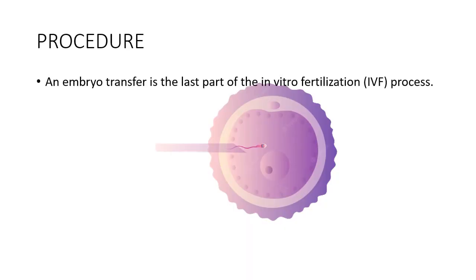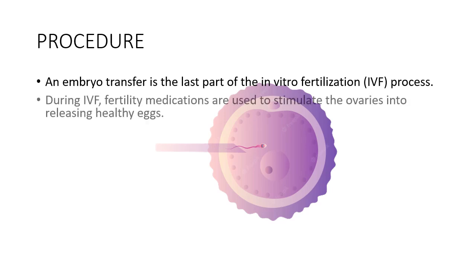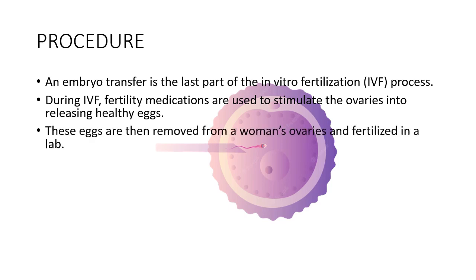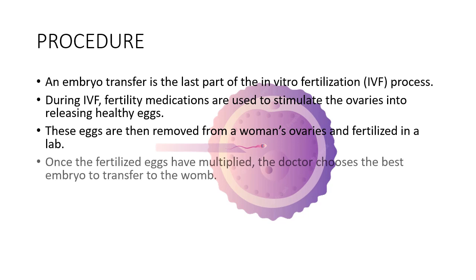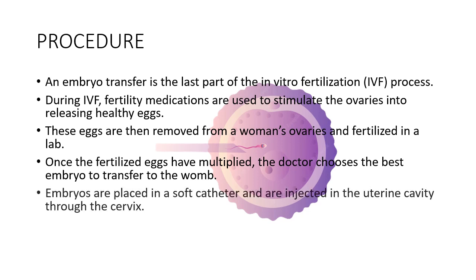An embryo transfer is the last part of the in vitro fertilization, IVF, process. During IVF, fertility medications are used to stimulate the ovaries into releasing healthy eggs, as we all know. These eggs are then removed from the woman's ovaries and fertilized in a lab. Once the fertilized eggs have multiplied, the doctor chooses the best embryo to transfer to the womb.